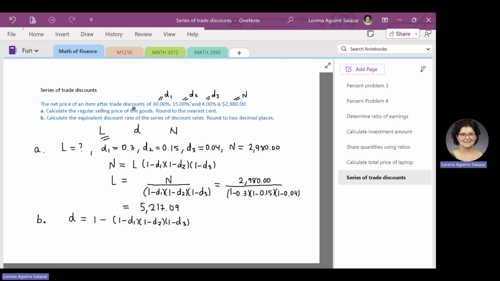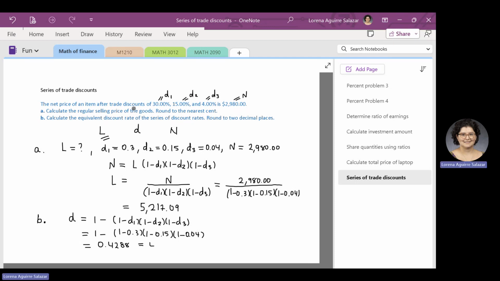In general, we do 1 minus and then a product of terms that look like 1 minus D sub i. So in our case, we're doing 1 minus 0.3, 1 minus 0.15, and then 1 minus 0.04. And when we use a calculator to find this, we get the number 0.4288.